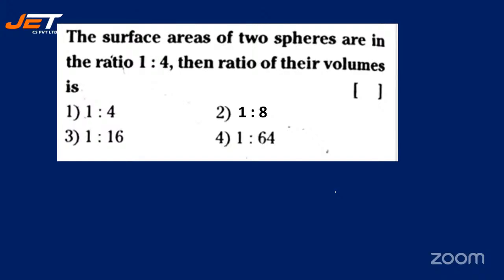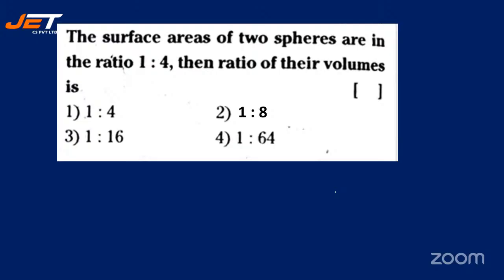The surface area of two spheres are in the ratio 1:4. Then the ratio of their volume is dash, right? So the ratio of the volume. What is the surface area of the sphere formula? That you should know.